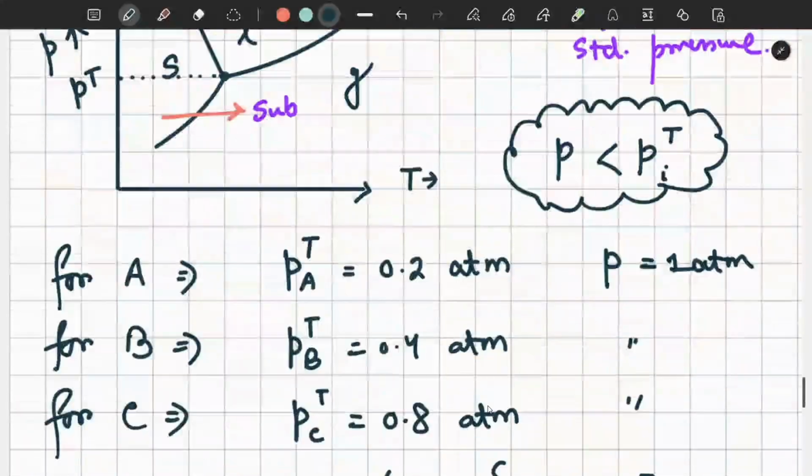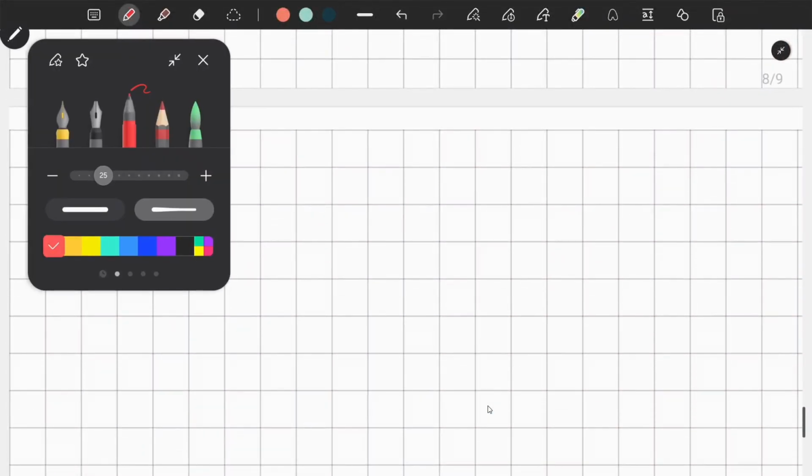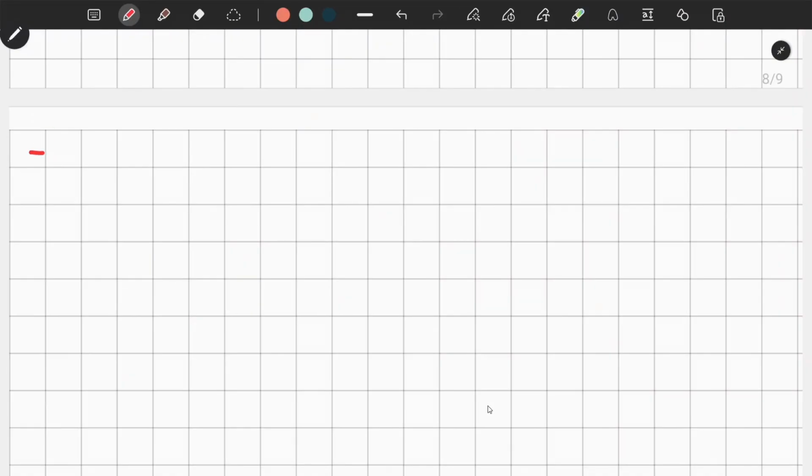Okay. Now we can discuss the questions related to the activity coefficient.